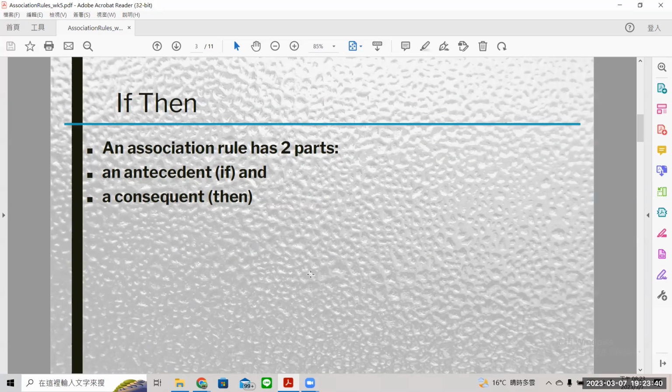If X then Y, right? I just defined it. An association rule has two parts. One is the if part, the antecedent, and the other is the consequent. The antecedent part you can also call the cause part, and the consequent part the observation part, because maybe the customer has already made some decision.